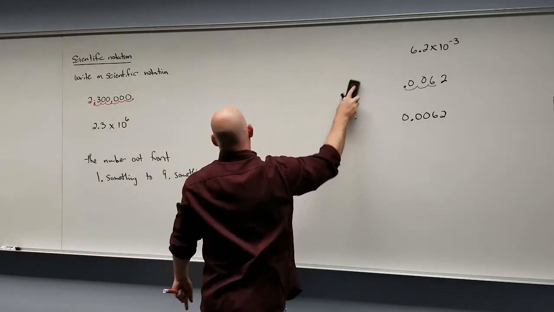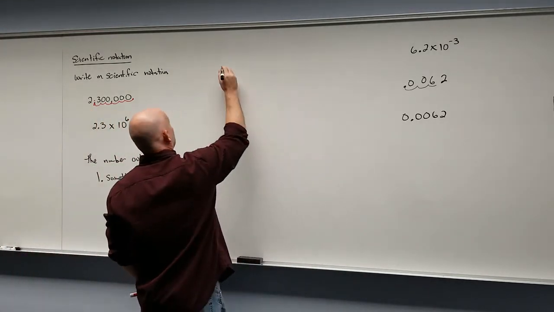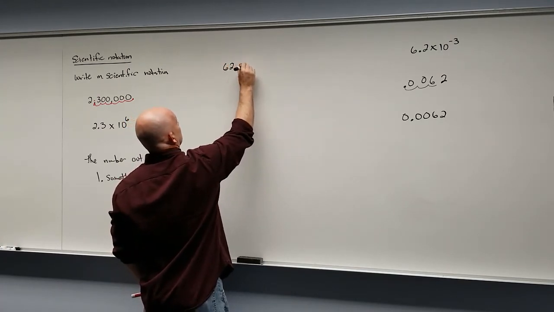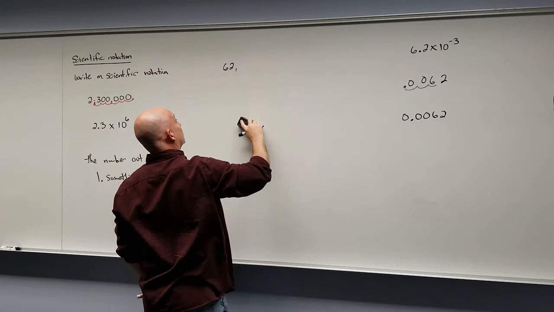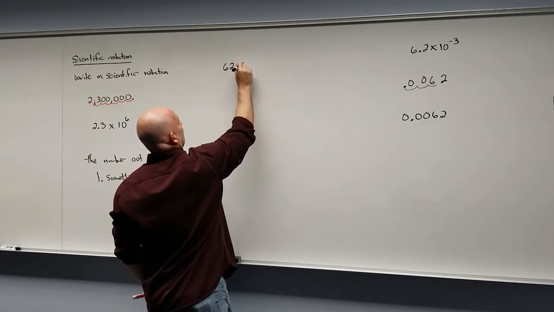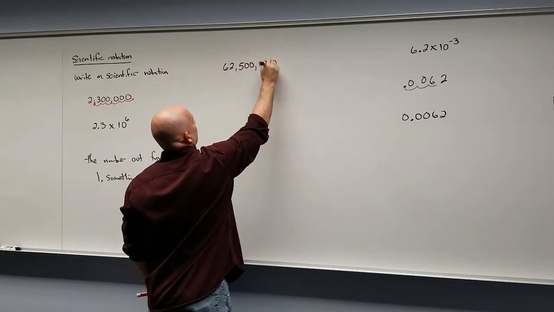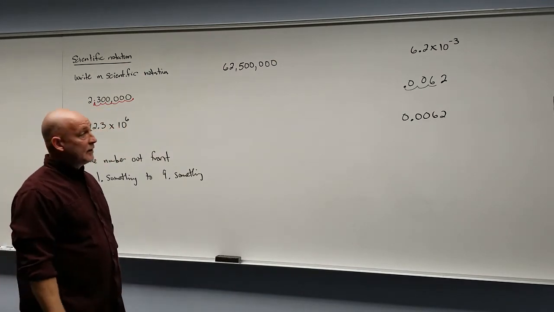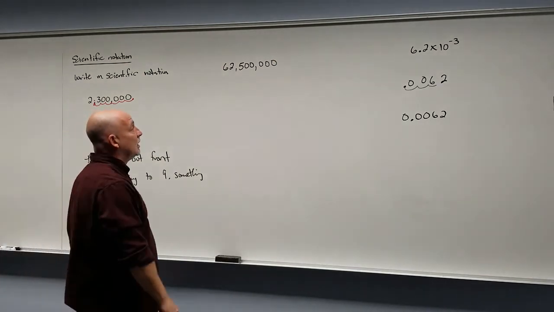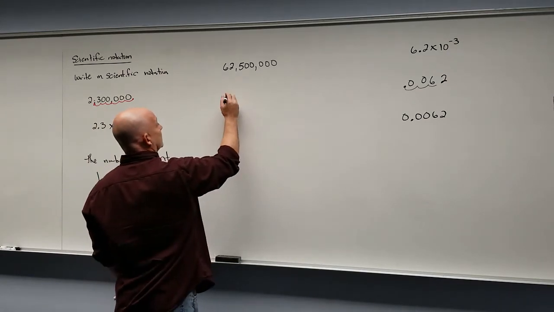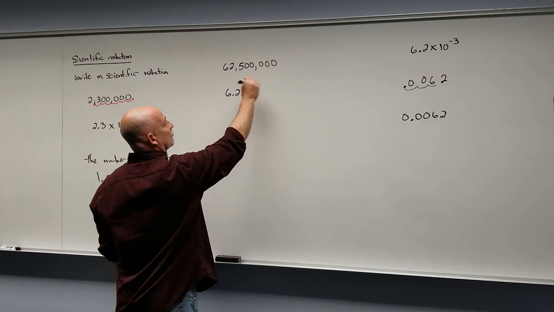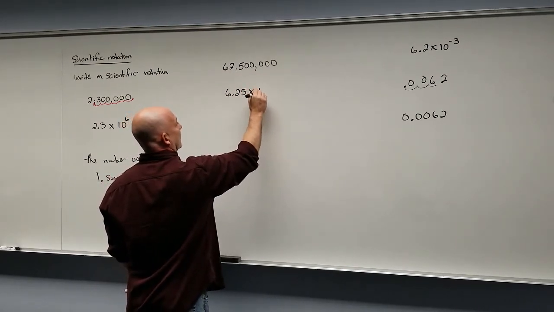Okay, let's try another one of these. Let's say if I had 62,500,000. If we were to write this in scientific notation, again, I want to put the decimal between the 6 and the 2, and basically drop all the zeros, times 10 to the what?